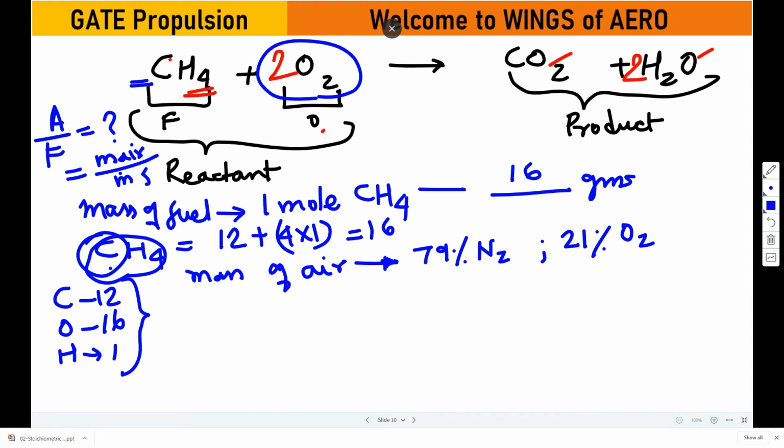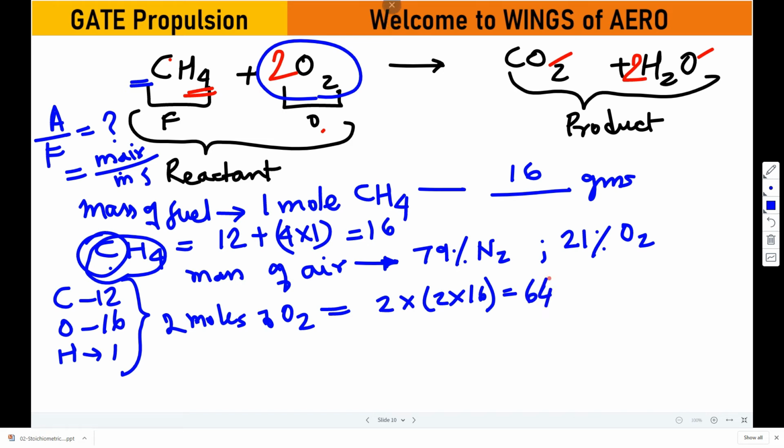First let's find the amount for 2 moles of oxygen. I can write 2 into 16. Please calculate and tell me. 16, 32, 64. Are you getting 64? Yes, ma'am. Then 2 moles of oxygen will give 64 grams.